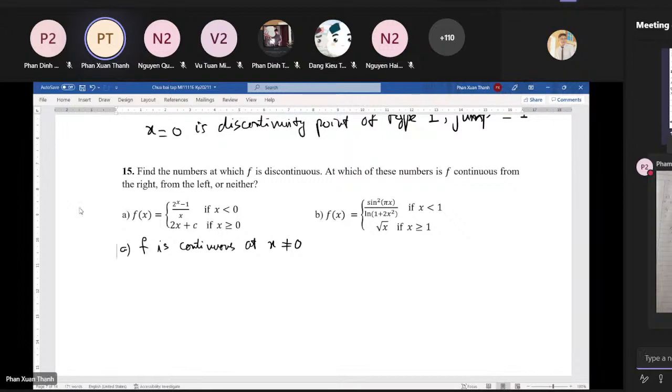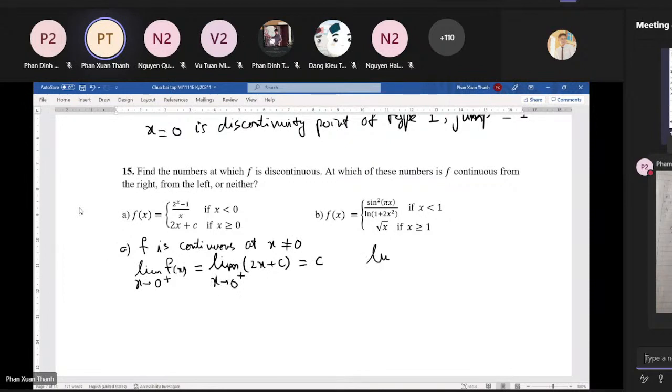So we find the right-hand limit of f as x approaches 0 from the right. Since x is greater than 0, we use the formula f(x) equals x plus c. So this limit as x approaches 0 from the right equals c.